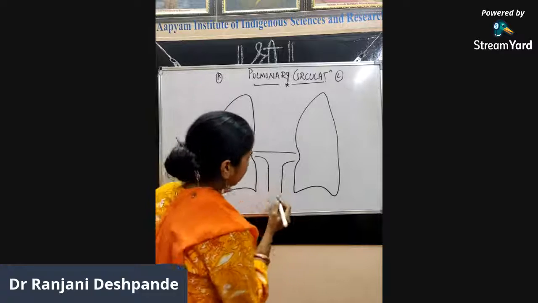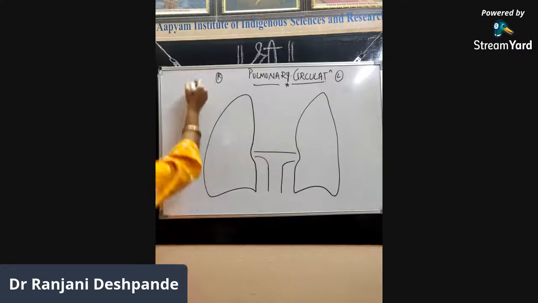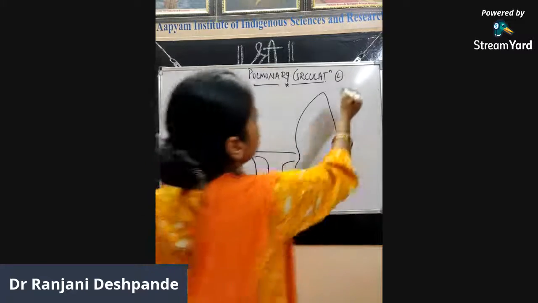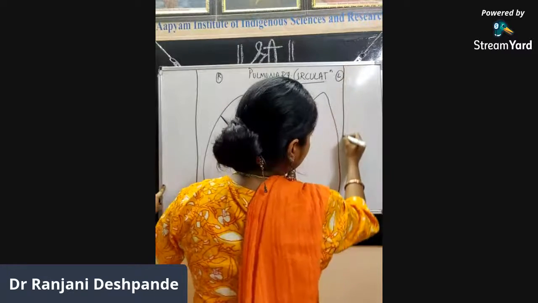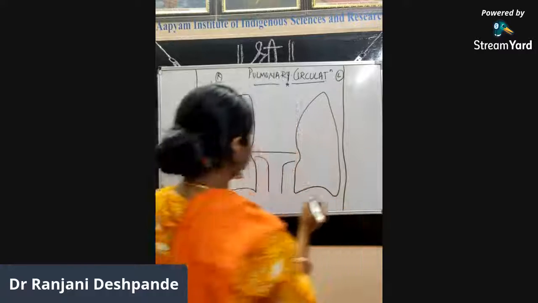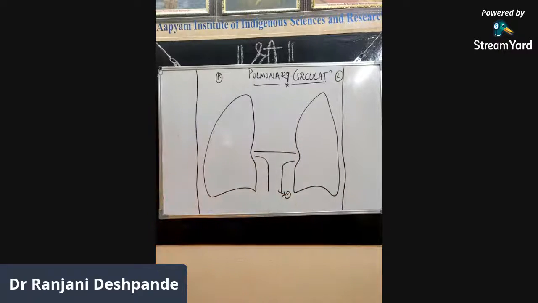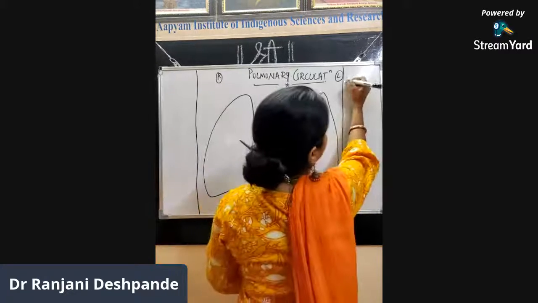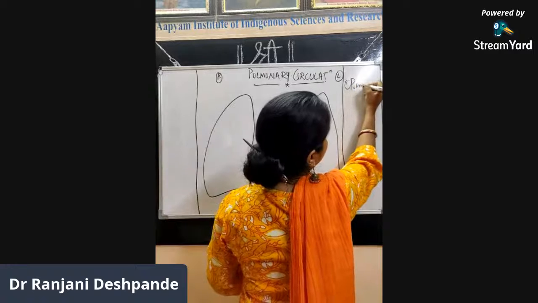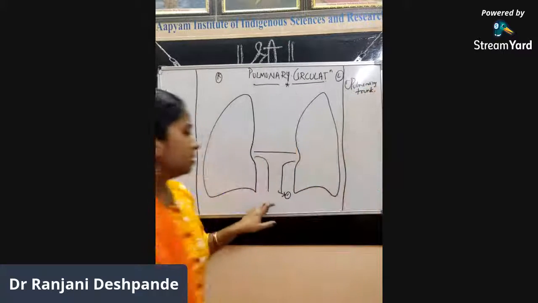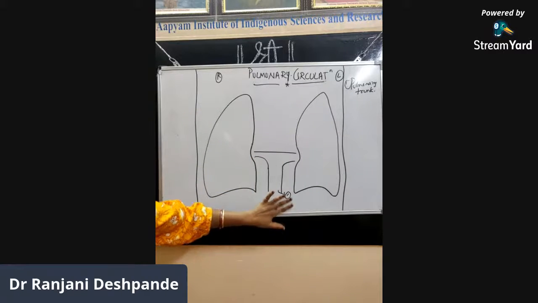So this is what we have, one. This is nothing but the main pulmonary trunk. This is the same trunk that is coming from the right ventricle.